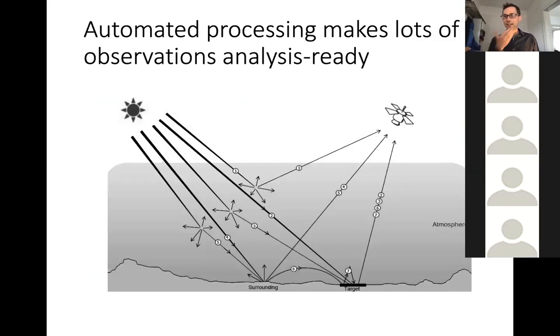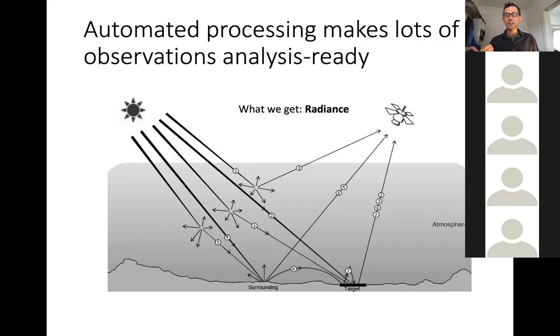The other thing that I think makes it a good time to build these skills is that automated processing makes lots of these observations analysis ready, or pretty close to analysis ready. And for a really long time, this was not so easy. So what a satellite sees is essentially brightness at a bunch of different wavelengths, either visible or infrared. And that's called radiance in the parlance of remote sensing.